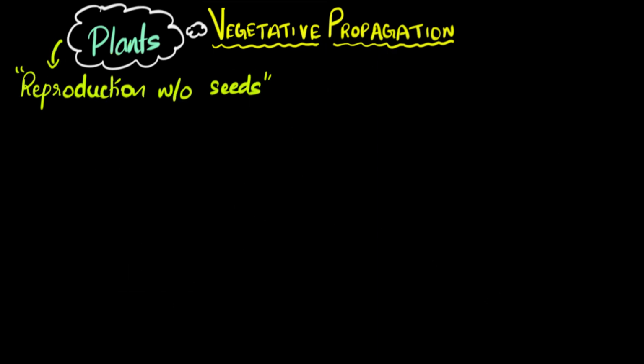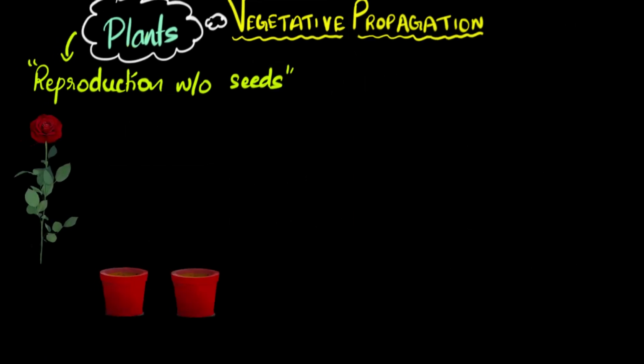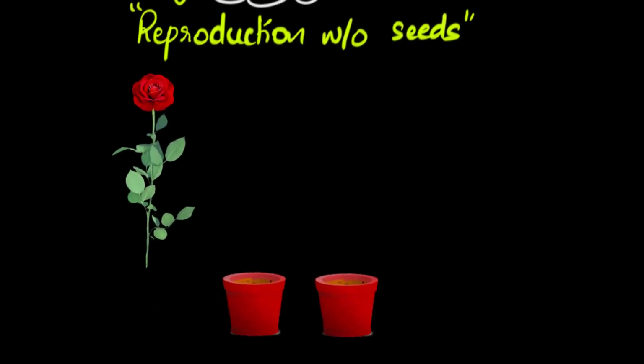But how does it work? Well, let me give you an example. Let's take the example of rose itself. Like I said, the rose seeds may not be viable, meaning if you sow them, that doesn't guarantee it'll grow into a new rose plant. So you know what you can do? Suppose this rose plant is pretty old, it's about to die. What you can do is take cuttings of its stem.